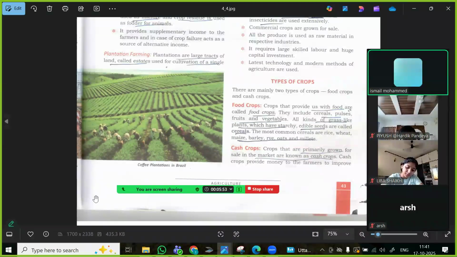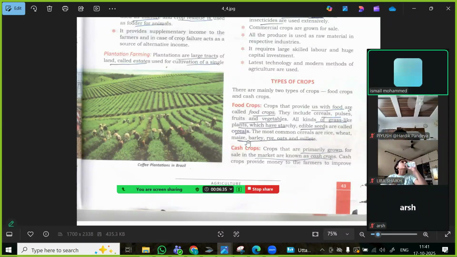Crops that provide us with food are called food crops. They include cereals, pulses like red gram, green gram and different kinds of dals, and then fruits and vegetables. Cereals are grass-like plants which have starchy, edible seeds.